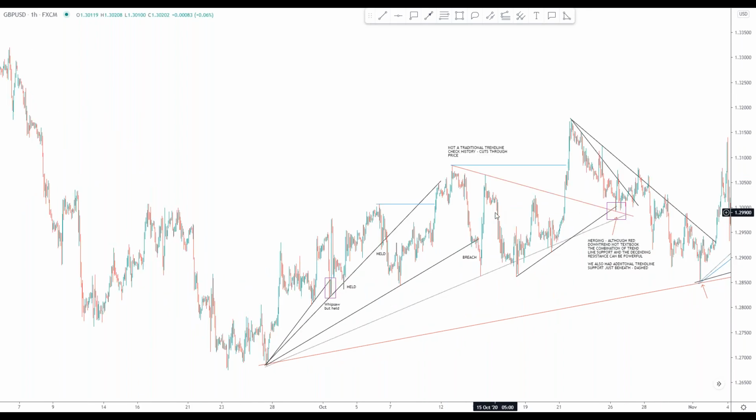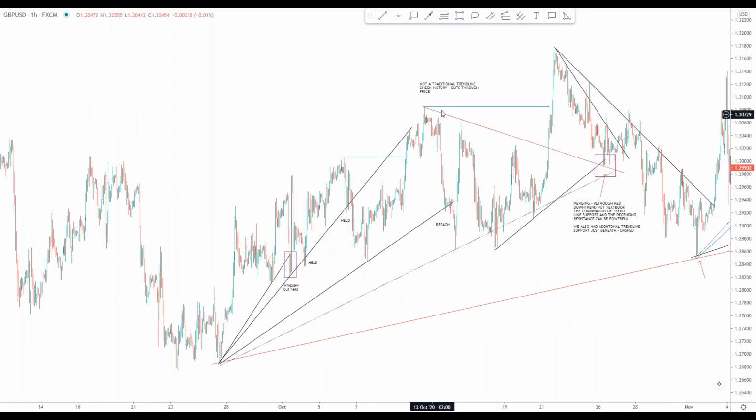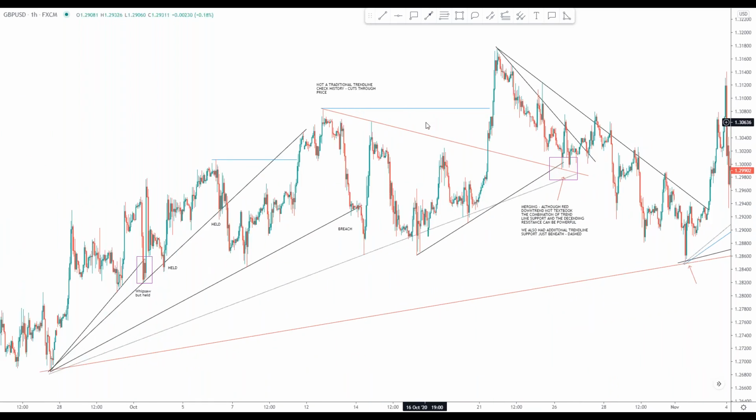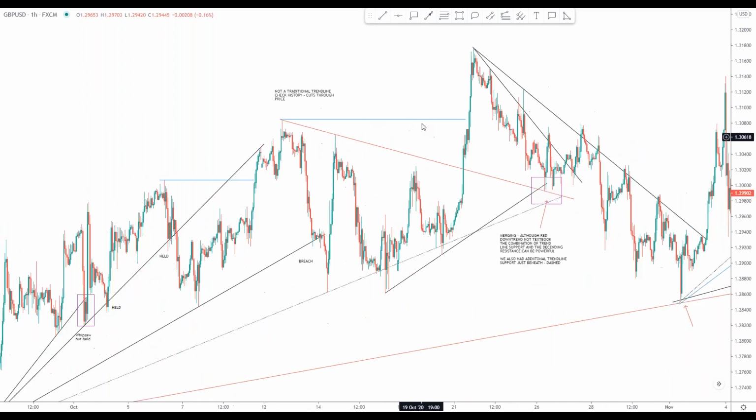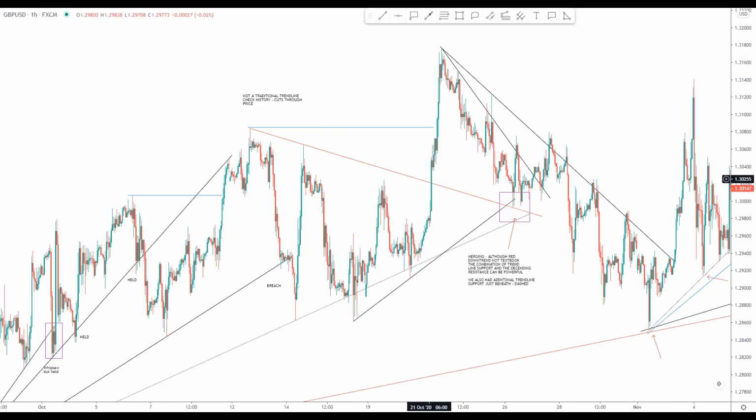Some people will disagree, and I've seen many people label these as trend lines. It's just how I've seen this through study, and this is not a traditional trend line. So I would say that this is more of a descending support, sorry, after we broke this area.